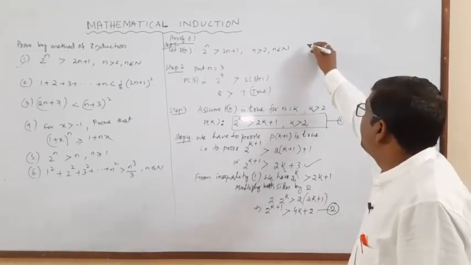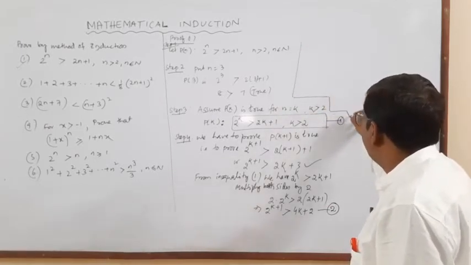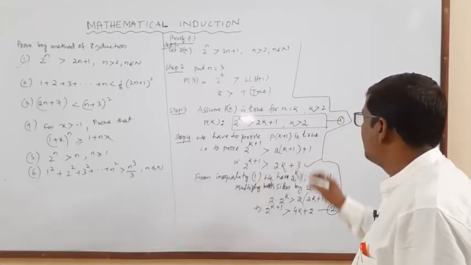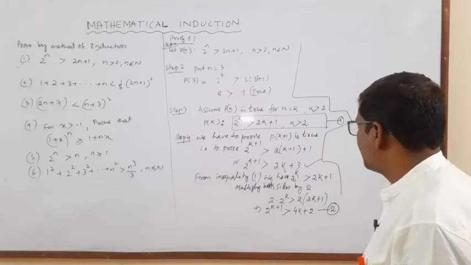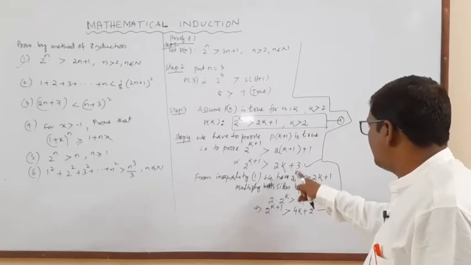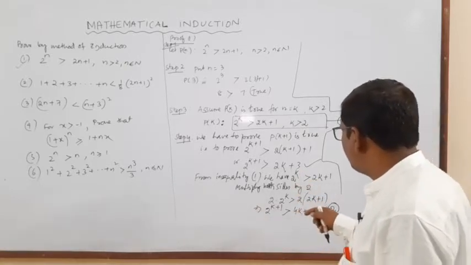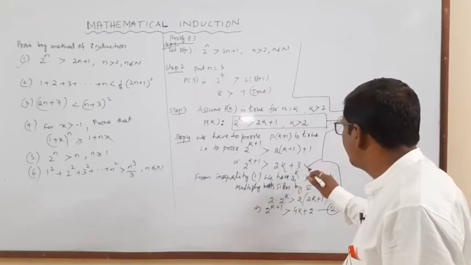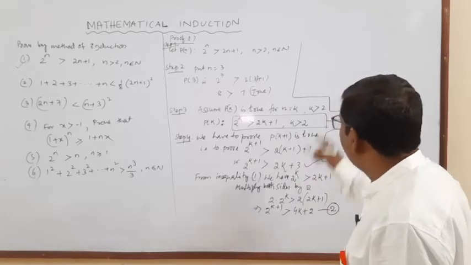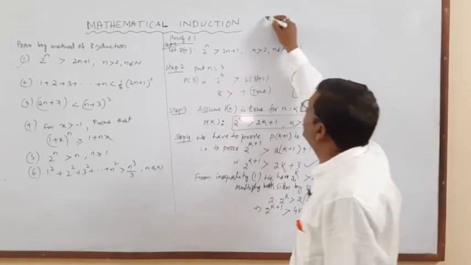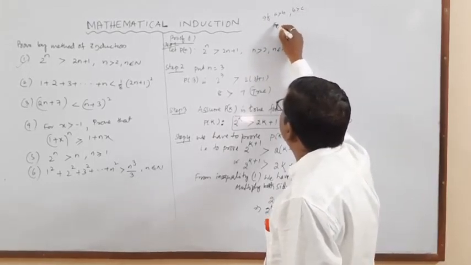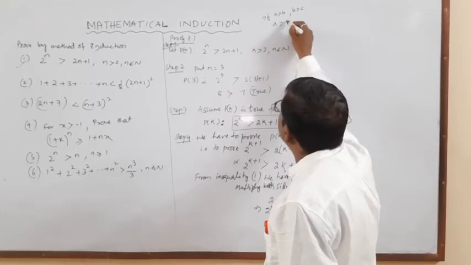Now we have to prove 2 to the power k plus 1 greater than 2k plus 3. To prove it, the concept is: if a greater than b and b greater than c, then a is greater than c.